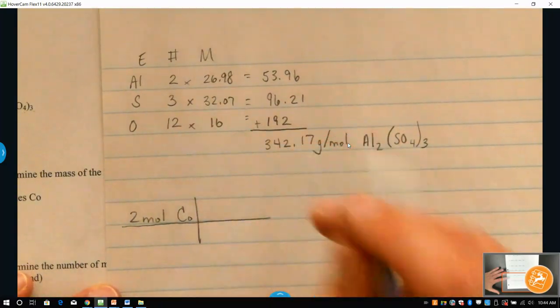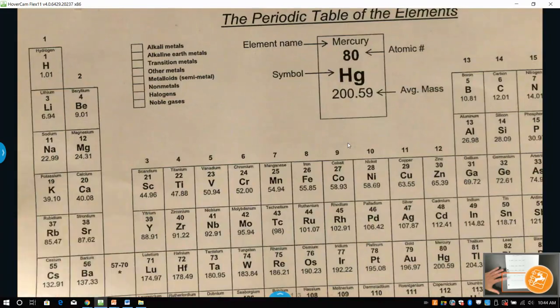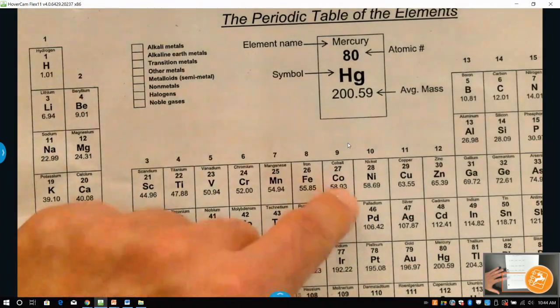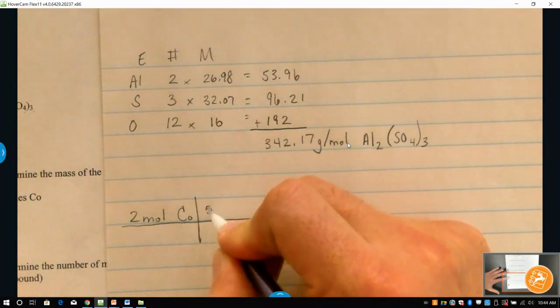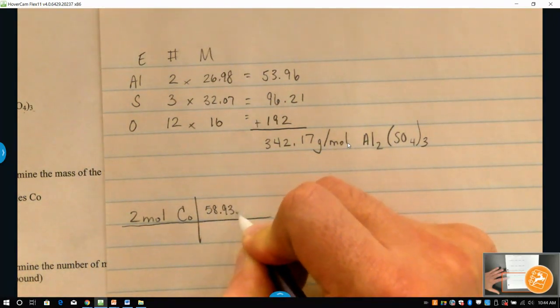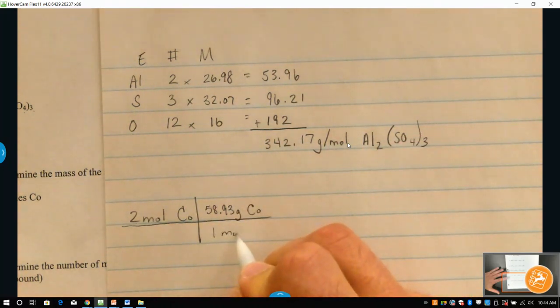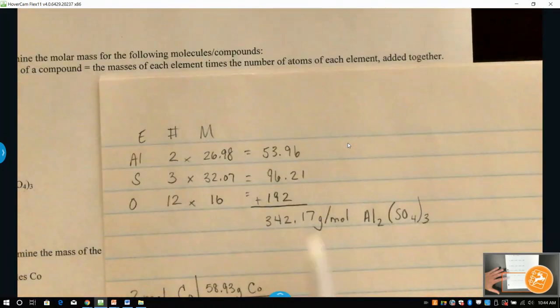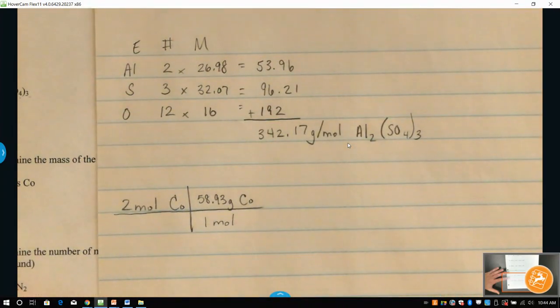The molar mass of cobalt, we looked that up on the periodic table, 58.93. So there are 58.93 grams of cobalt in 1 mole. That's like that grams per mole thing here. It's just an easier way to write it out.